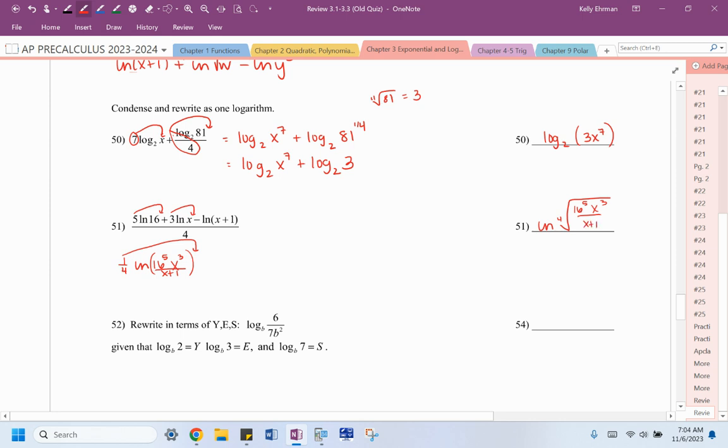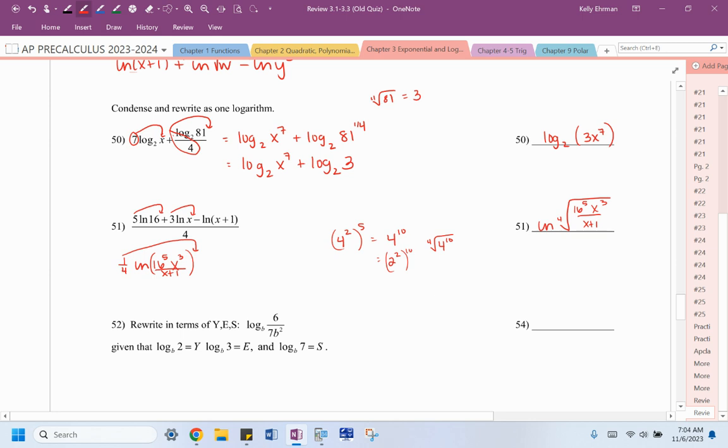We could simplify 16 to the 5th, I guess. Let's see. 4 squared to the 5th. It's 4 to the 10th. I'm not going to have all this extra work, but it's good to look at. 4th root of 4 to the 10th. Well, 4 to the 10th is 2 squared, right?